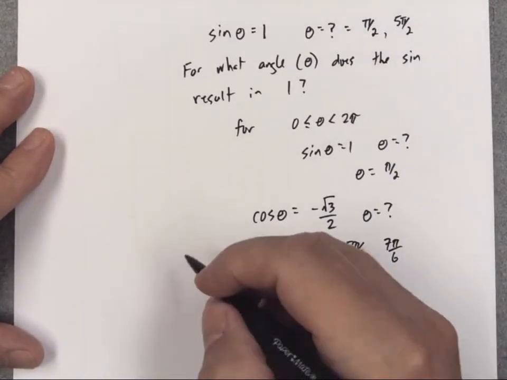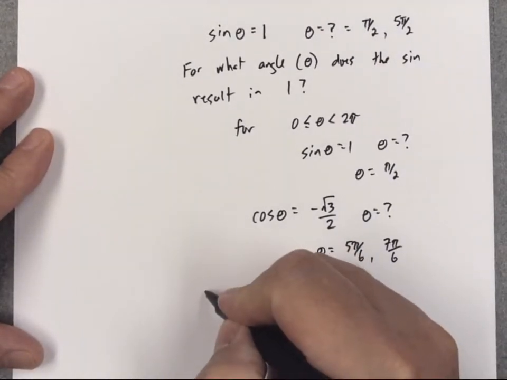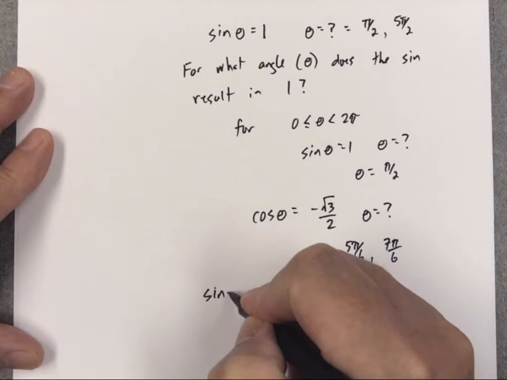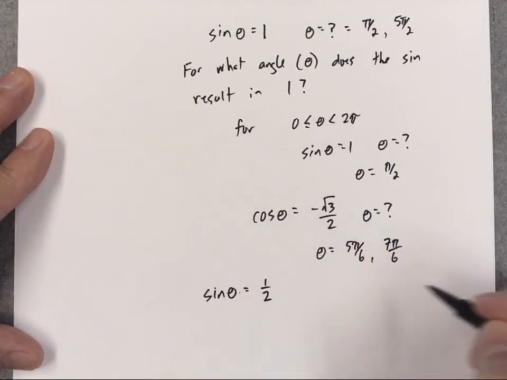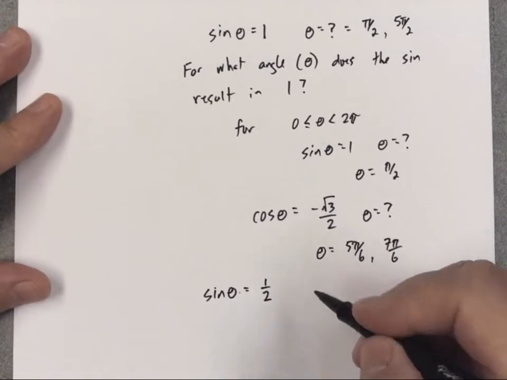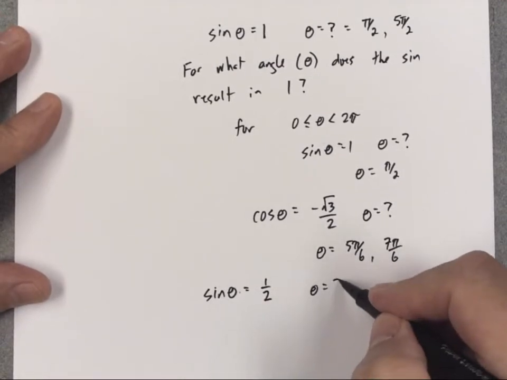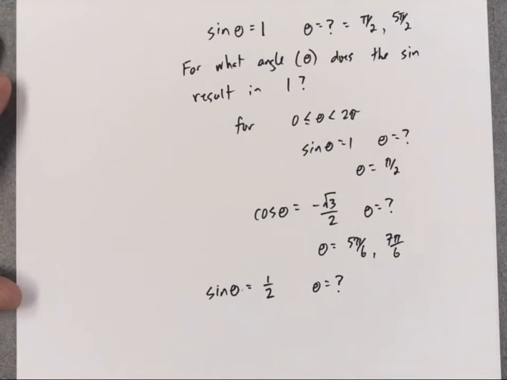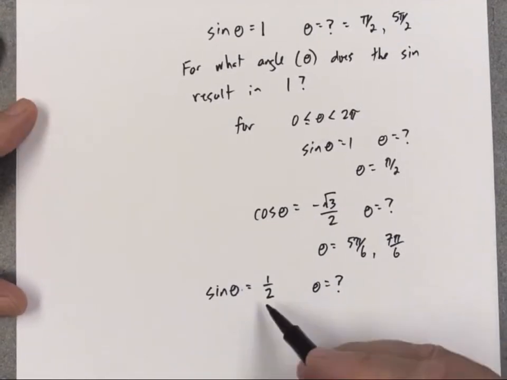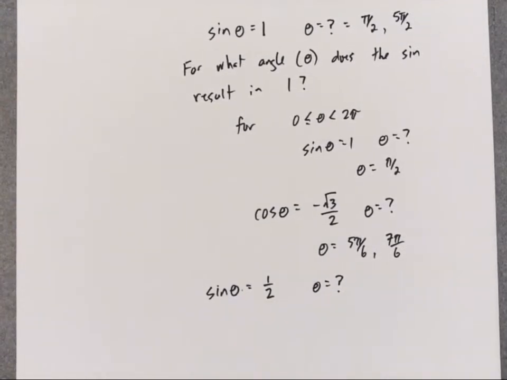Here's how we do that. Let's choose another one. Let's say we're asked to solve this equation, and there's no limit on the angle.